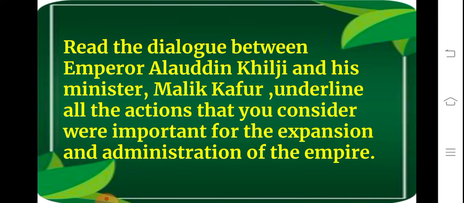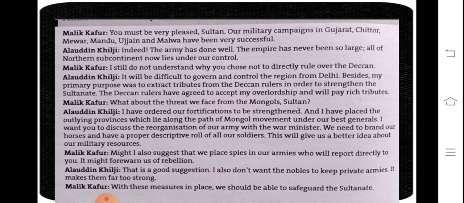Then underline all the actions that you consider were important for the expansion and administration of the empire. So here are the dialogues. Pause the video and read the dialogues between Malik Kafur and Alauddin Khilji.